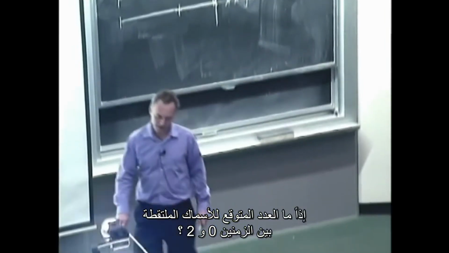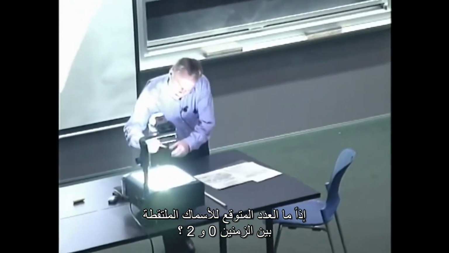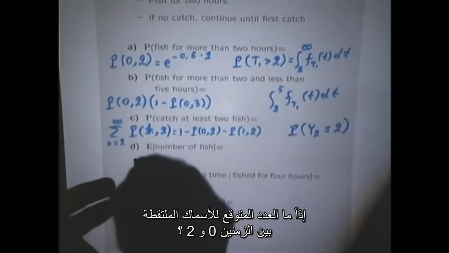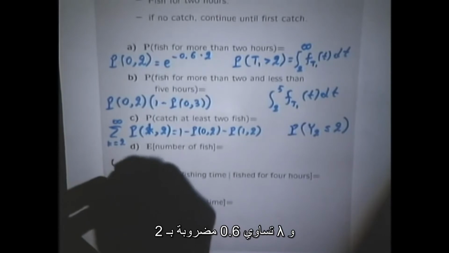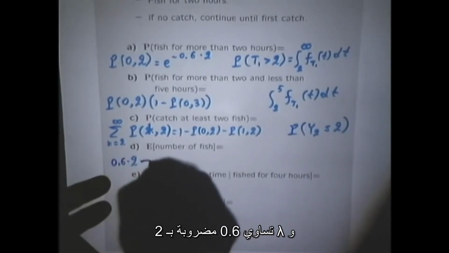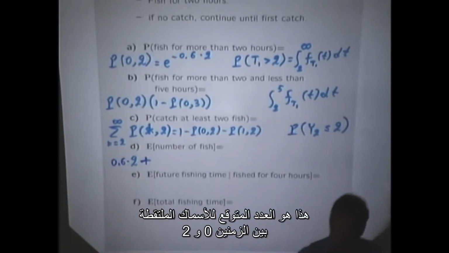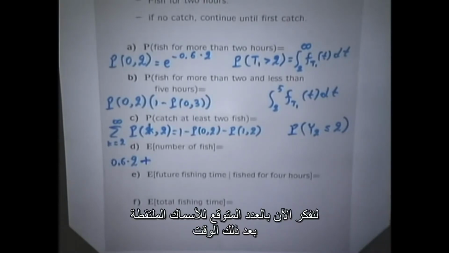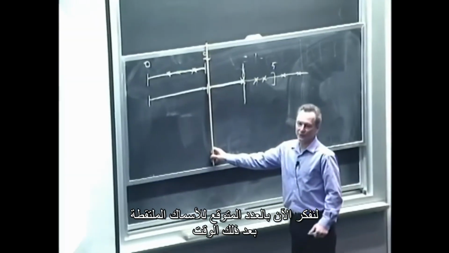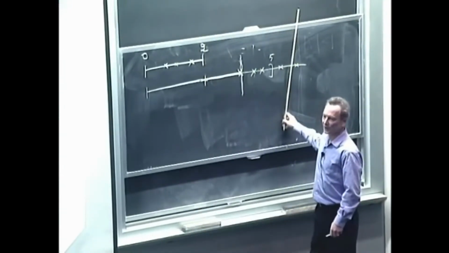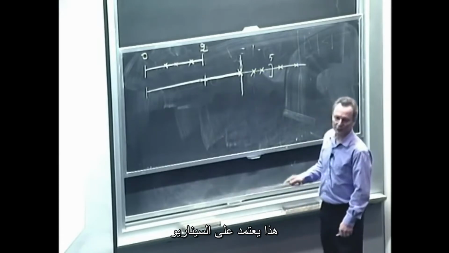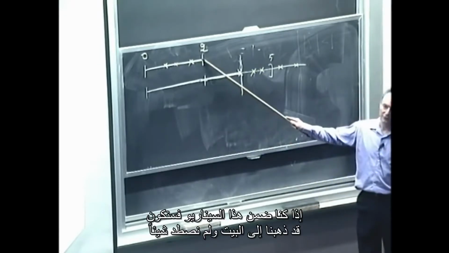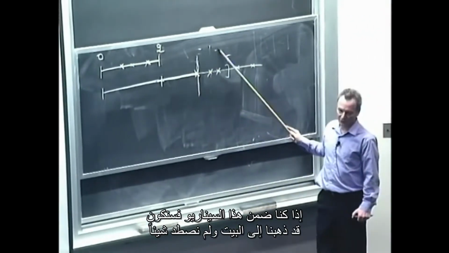So what's the expected number caught between time 0 and 2? This is lambda t. So it's lambda, which is 0.6, times 2. This is the expected number of fish that are caught between times 0 and 2. Now let's think about the expected number of fish caught afterwards. How many fish are being caught afterwards? Well, it depends on the scenario. If we're in this scenario, we've gone home and we catch 0.